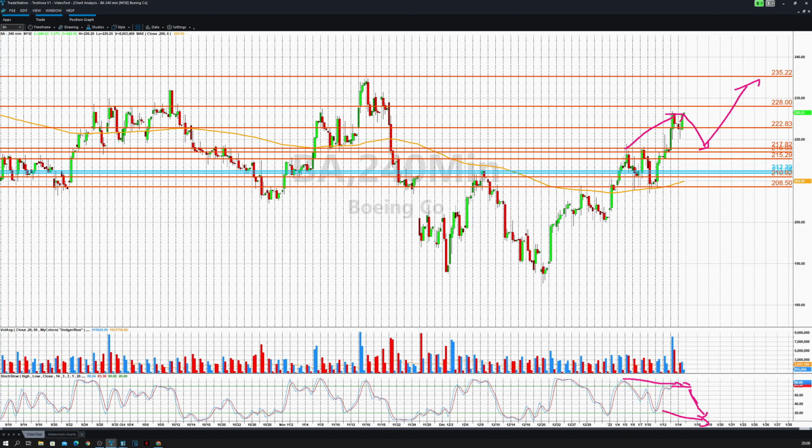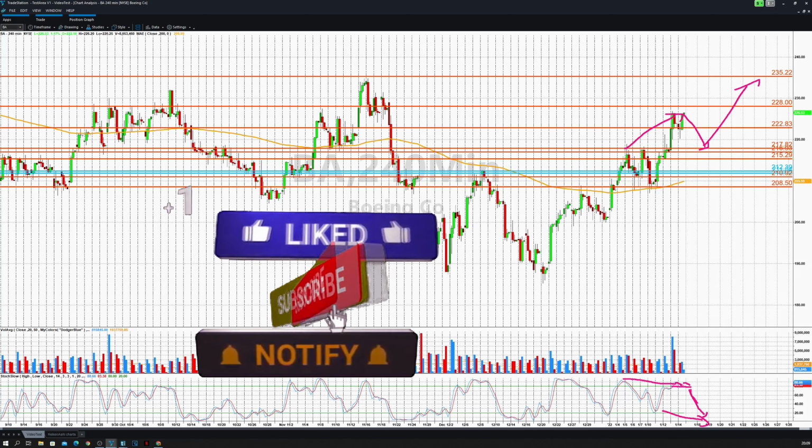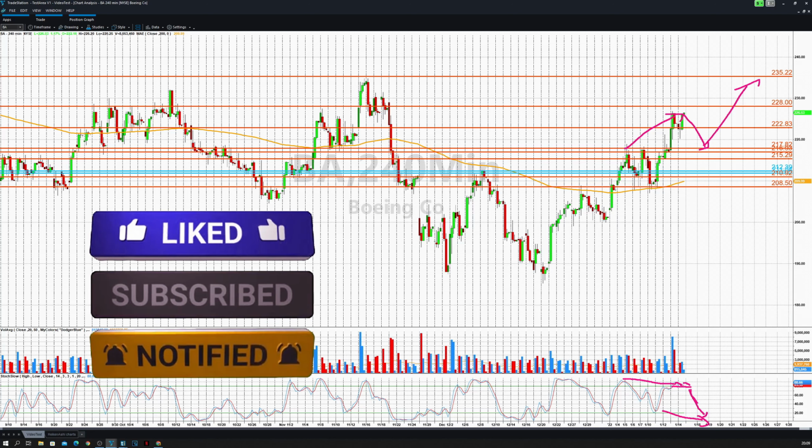Even though most of them are below the 200, they are starting to make momentum to the upside. So we might see on Thursday a push to the upside and then a reverse, and on the reverse we'll decide if the stock market wants to push lower or up. We see the opportunity on both sides.